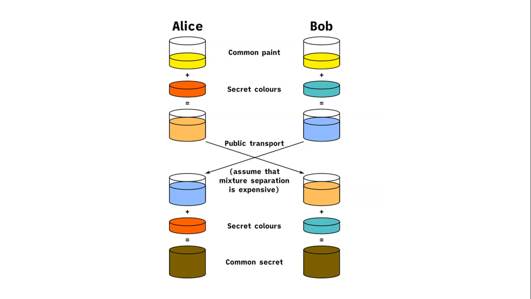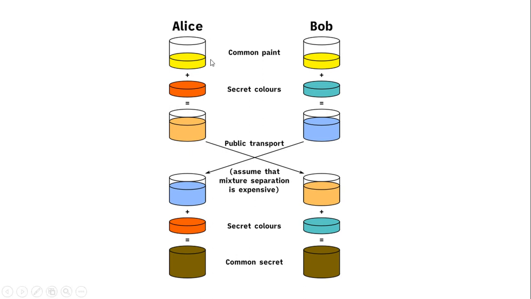Well, to explain the idea of private key, public key, some high-level explanation uses the idea of a paint job. So there's this idea of common paint, and then there's the idea of a secret paint.